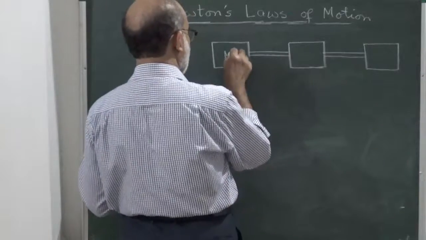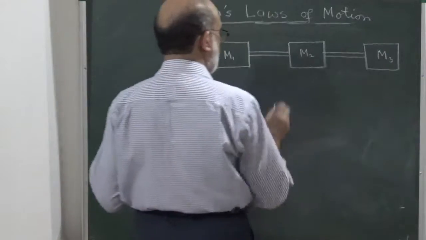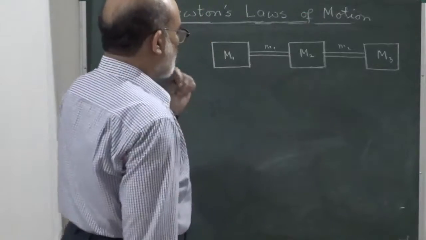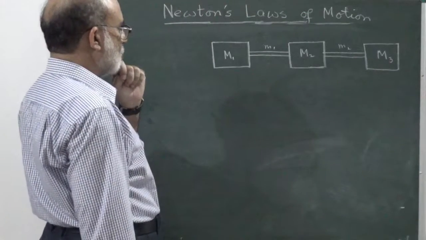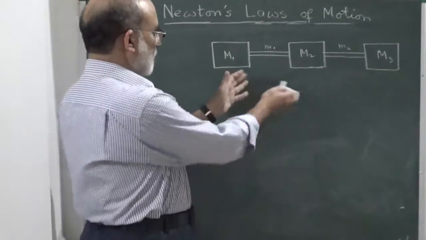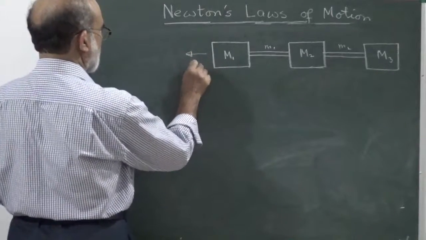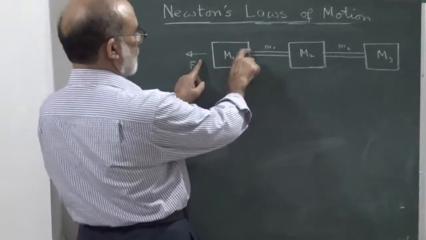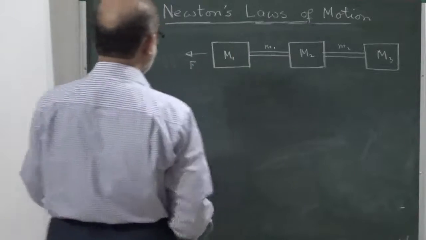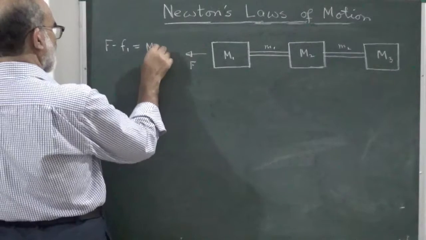So we have M1, M2, M3, with ropes between them. Suppose force F is applied here. You can say that F minus F1 is acting between this rope and the block. So we will write F minus F1 is equal to m1 a.